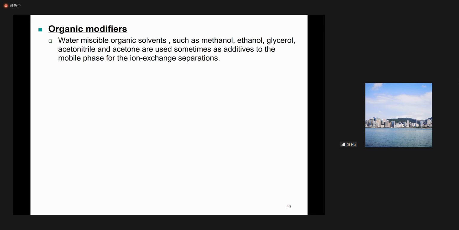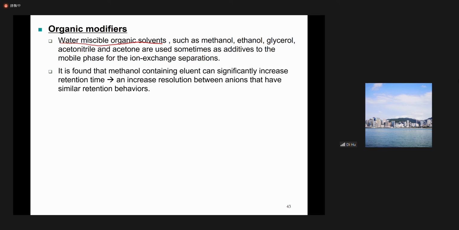So, organic modifiers. Sometimes we add water-miscible organic solvents such as methanol, ethanol, glycerol, acetonitrile, and so on. One finding is that the methanol-containing diluent can significantly increase the K value.